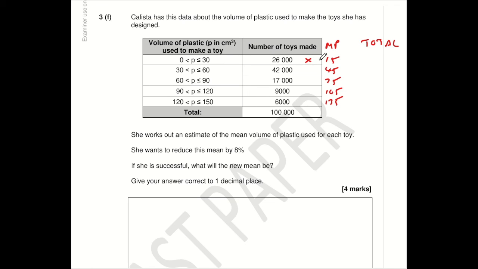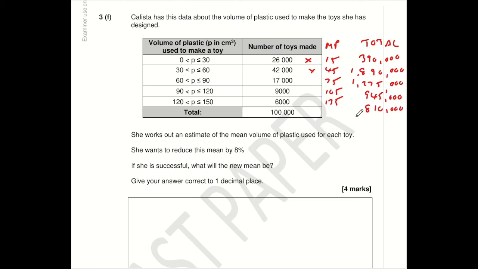So 15 lots of 26,000 comes to 390,000. 45 multiplied by 42,000 is 1,890,000. 17,000 multiplied by 75 is 1,275,000. 9,000 multiplied by 105 comes to 945,000, and 6,000 times by 135 comes to 810,000.